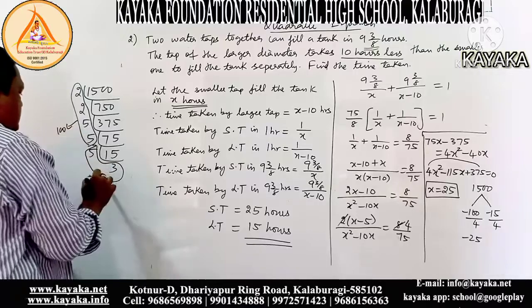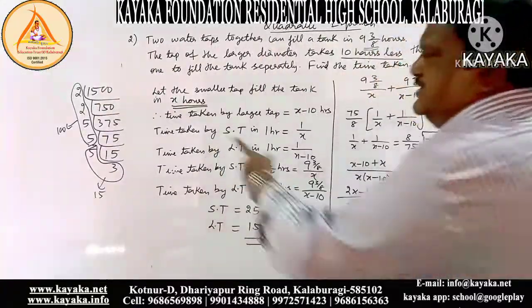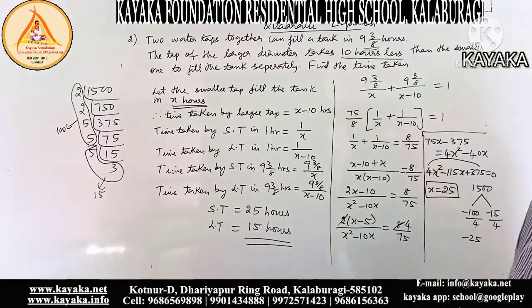Like this you will get the factors 100 and 15. Therefore, if you substitute these values and simplify, you will get the answer.